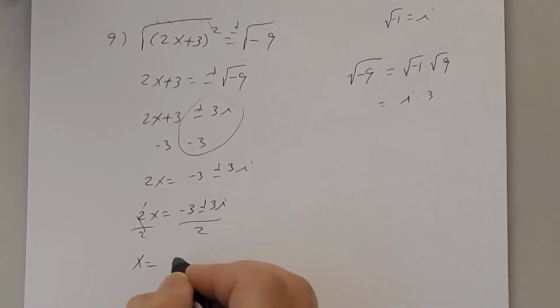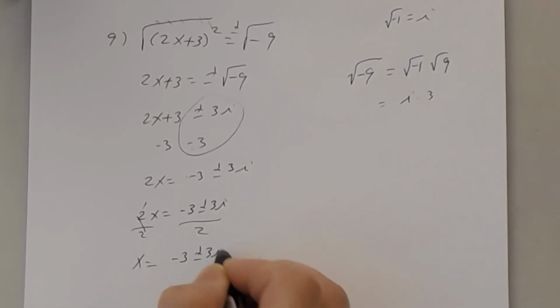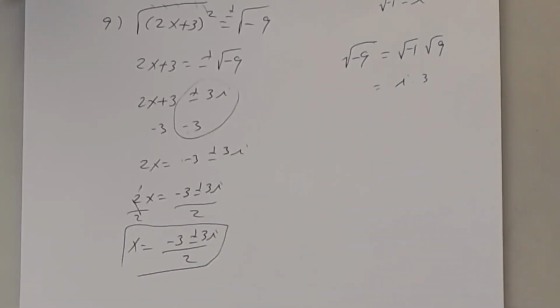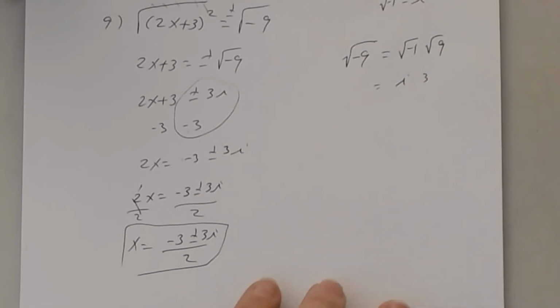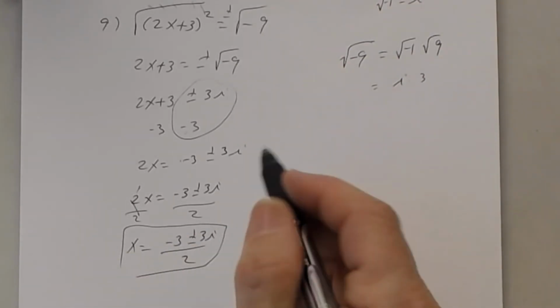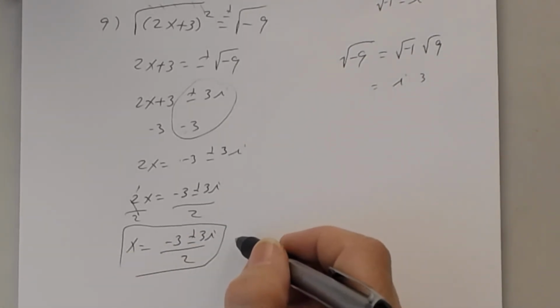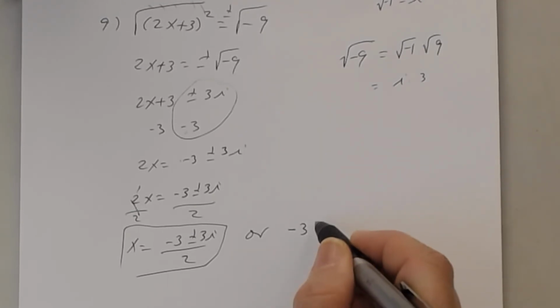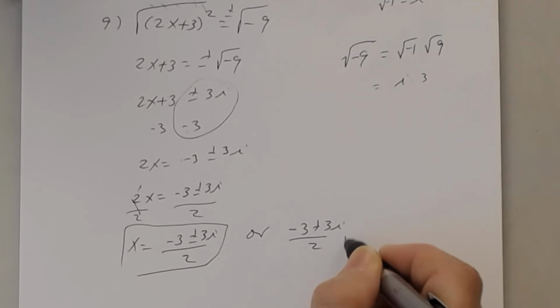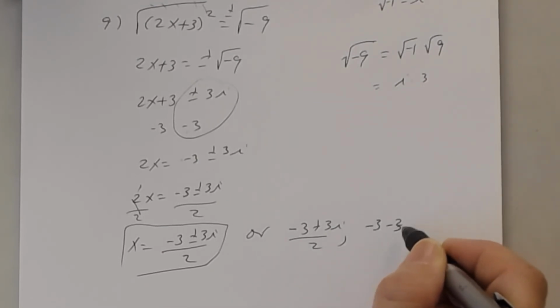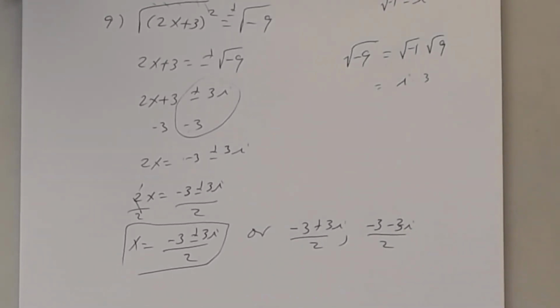And so I get x to be negative 3 plus or minus 3i divided by 2. All right? You do the imaginary solutions just like you did the irrational ones. Now, in MyMathLab, they're going to ask you to separate them. So you would say negative 3 plus 3i divided by 2, comma, and what's the other? Negative 3 minus 3i divided by 2. Yeah. Okay.